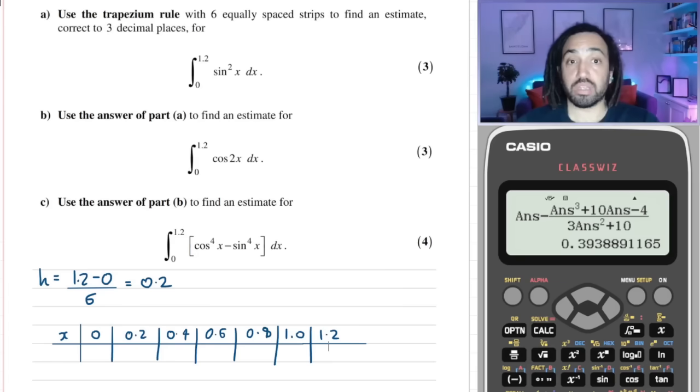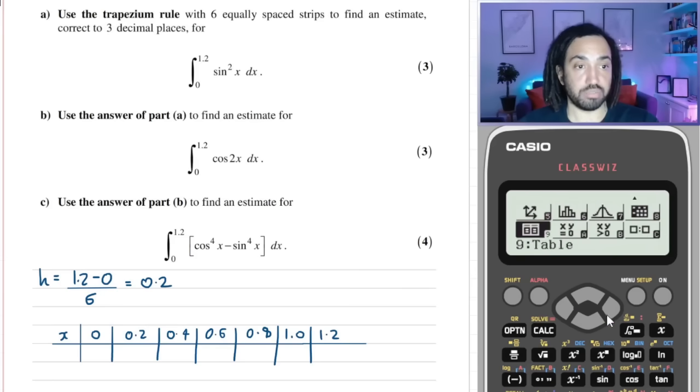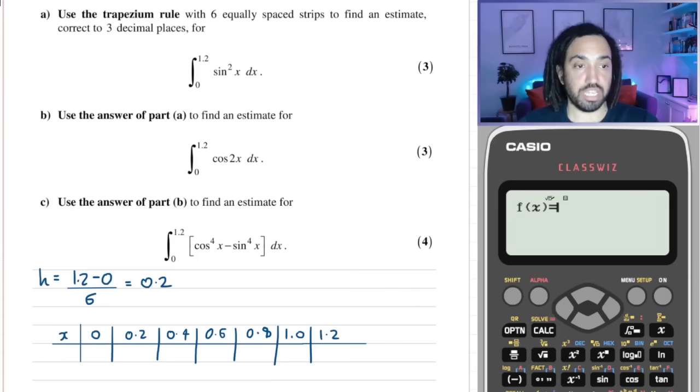Perfect. Okay, so we need to do correct to 3 decimal places, and we're going to use our table function to do this. So table function. The function we are looking at is sine of, let's just put that in brackets because we're going to square it, sine of x, there we go, and then that needs to be all squared, so let's just close the brackets and then square it there.